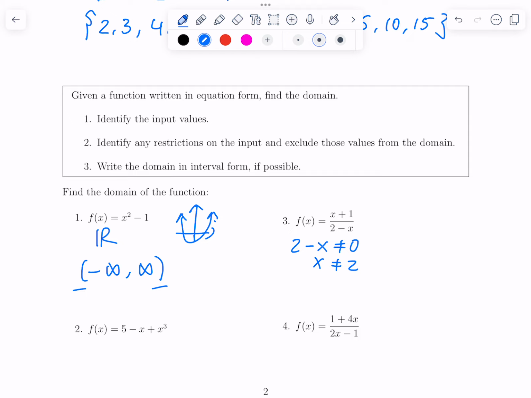We are going to use the union to represent it. From negative infinity to any number below 2, which does not include 2, so we're going to use the parentheses over here. We're going to union that with 2 to positive infinity. So this is your answer. You're going to use the U to connect them together.